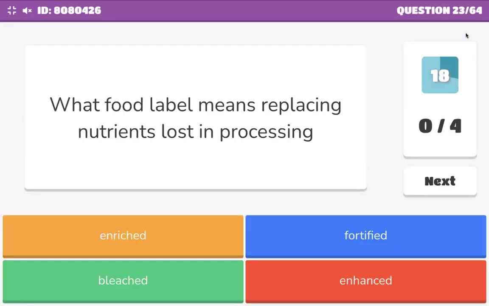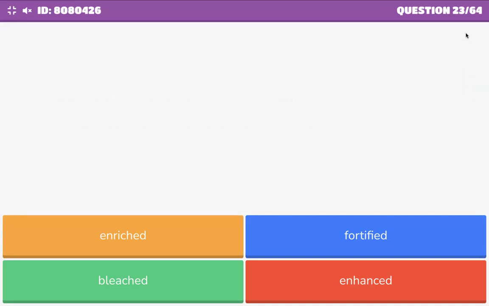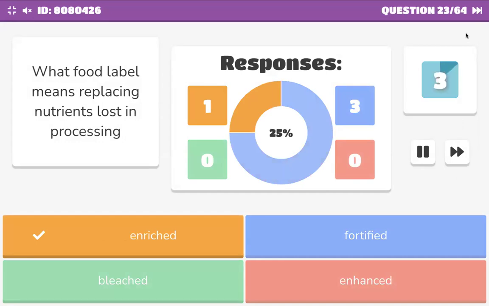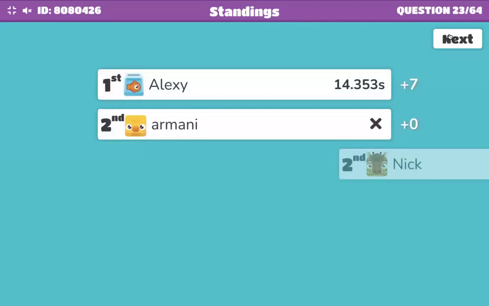But the label means replacing nutrients lost in processing. Enriched. Fortify means adding something that wasn't there originally.